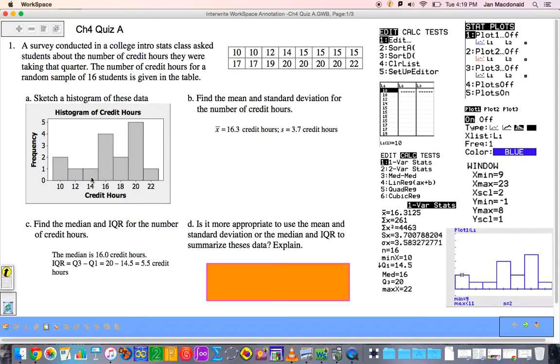Is this, oh, because, no, this is 9, 10, 13, 14, 15, 16. Oh, there's only 4 that have 15. Oh, because this is 1, 2, 3, 4. Oh, is this 19 and 20? Oh, I can see that. Okay. So this is, in fact, bimodal. There are 4 people who have 15 credit hours, and there are 4 people that have 20 credit hours.